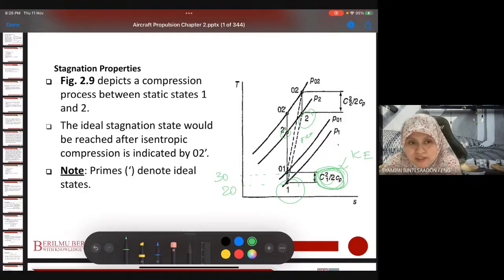For static state, we neglect the dynamic or the kinetic energy, but in actual case there is some difference. So that's why instead of just T1 as a static point, we use T total 1 when we want to evaluate the cycle, because there's a slight change due to the kinetic energy.